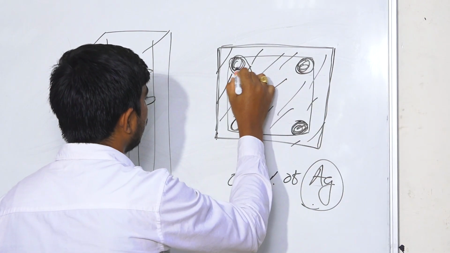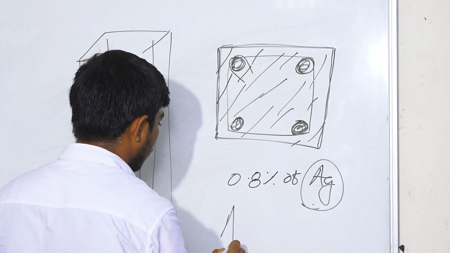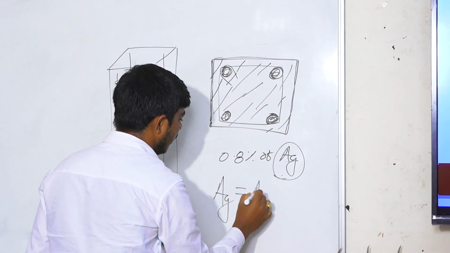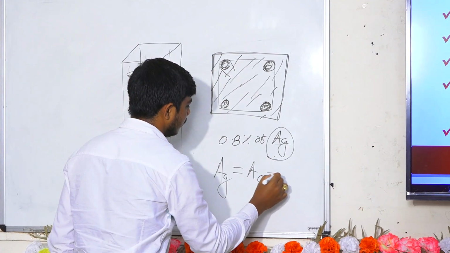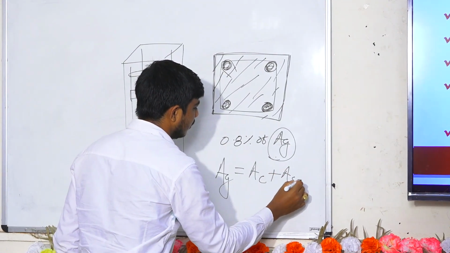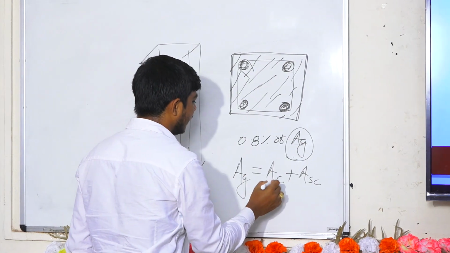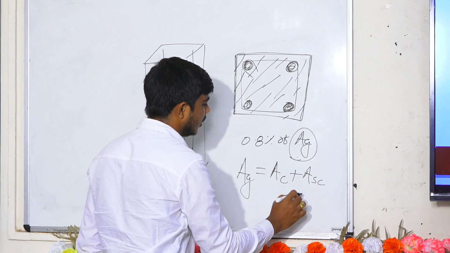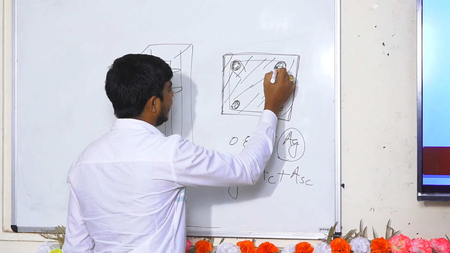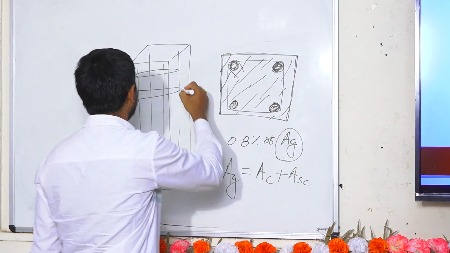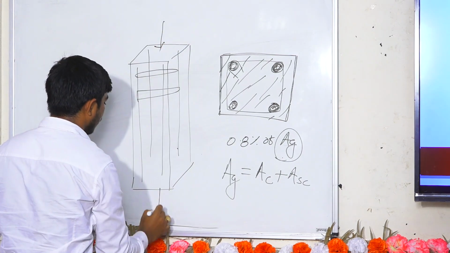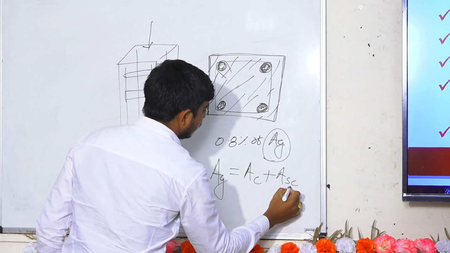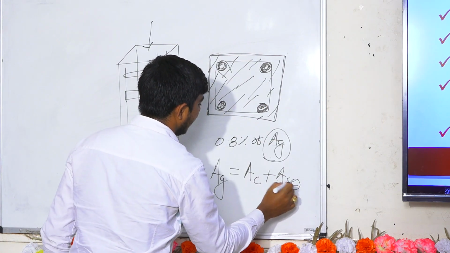So the gross area constitutes area of concrete and area of steel. So we will denote area of concrete as AC and area of steel as ASC, because here compressive load is coming, so that steel will try to compress. That's why we are using ASC.